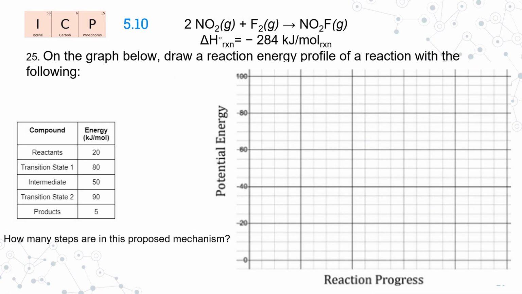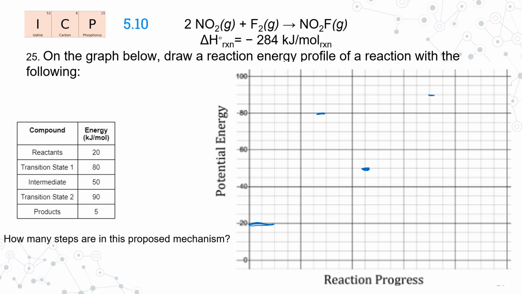So let's go back to our in-class practice. Let's go to number 25. We're just going to finish up the little endy bits of this one. So this first one is just having us draw a reaction mechanism. We're going to start at 20. We are going to have a transition state at 80. We are going to have an intermediate state at 50.